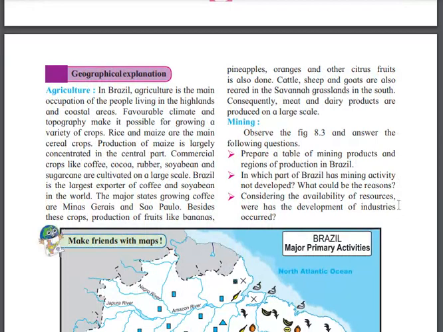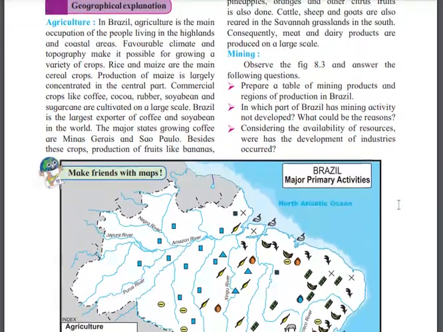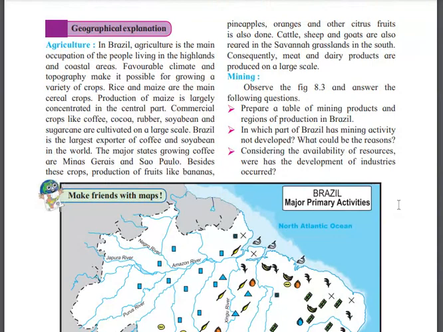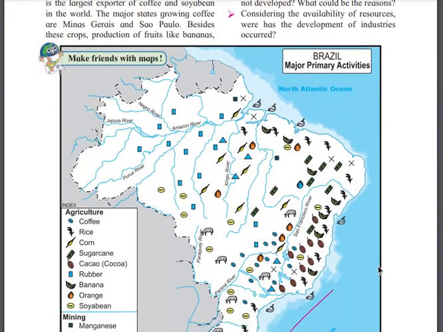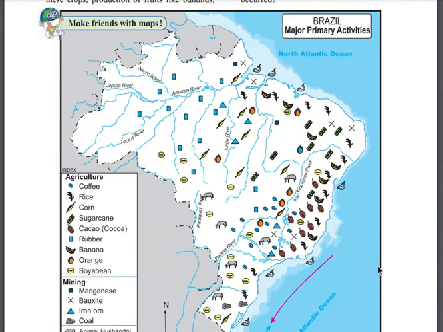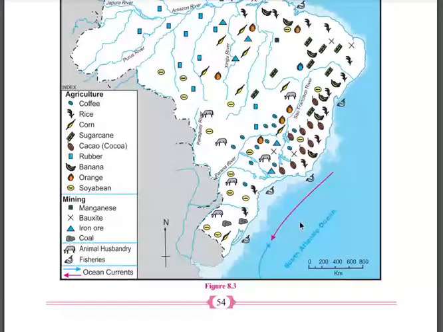Commercial crops like coffee, cocoa, rubber, soybean and sugarcane are cultivated on a large scale in Brazil. Coffee, cocoa, rubber and soybean are carried out on a very large scale.